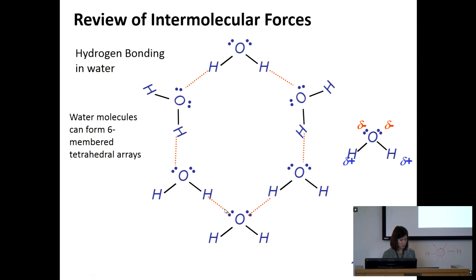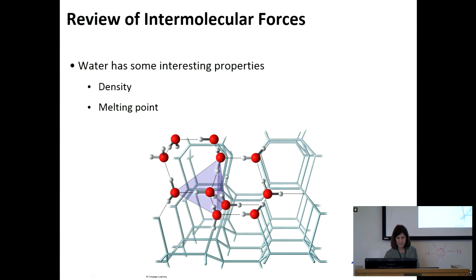And remember, when you're a solid, you have the most intermolecular forces you can possibly have. So when you get 4 hydrogen bonds per water molecule, you get this 6-membered ring that looks like this.